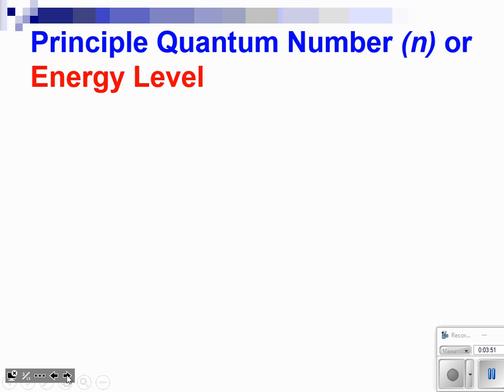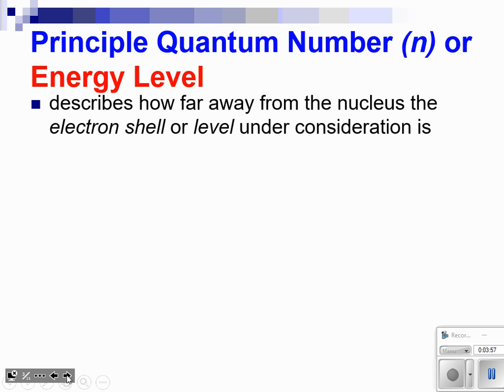Now let's look at the principal quantum number, the very first one. It describes how far away the energy level or the electron shell is. The lower principal quantum numbers will be closer to the nucleus.